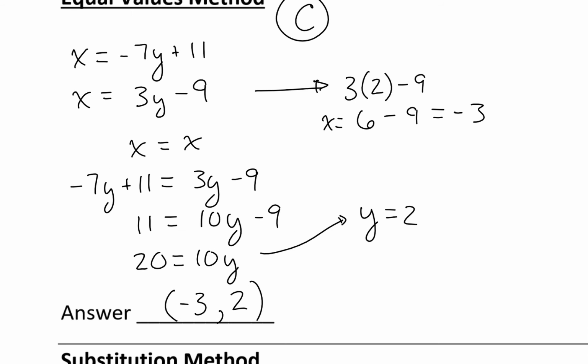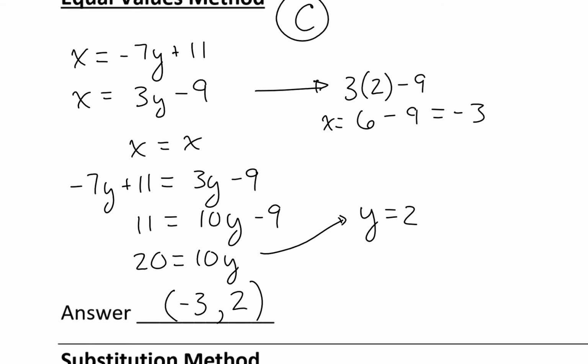Now, it's a good idea to quickly check and make sure this works. If I take y is positive 2, negative 7 times 2 is negative 14, and negative 14 plus 11 is indeed negative 3. So it works in the first equation.